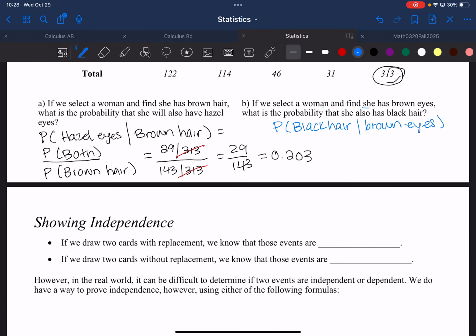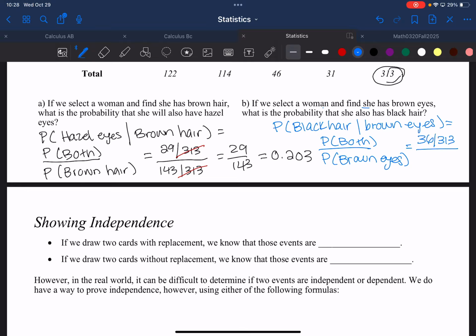And so we know that this is the same as saying the probability of both divided by the probability of what? Brown eyes. Okay. So what would be the proportion of having black hair and brown eyes? 36 over 313.